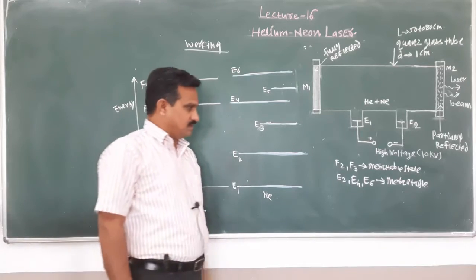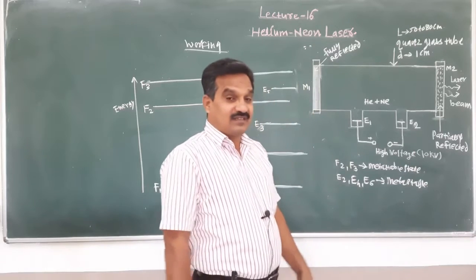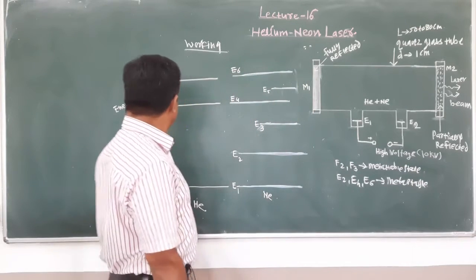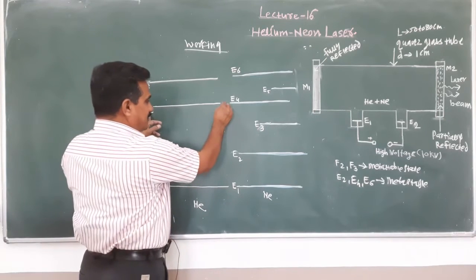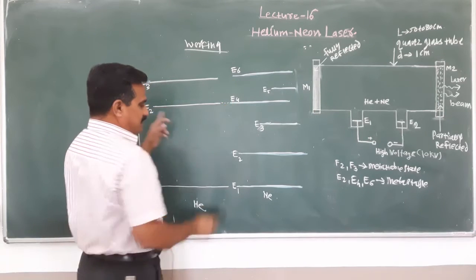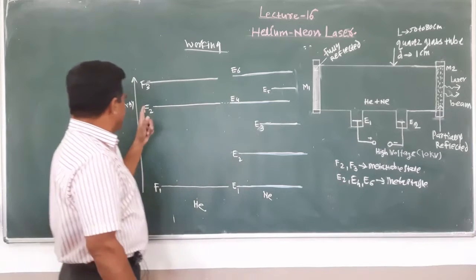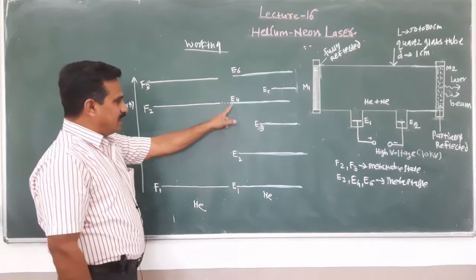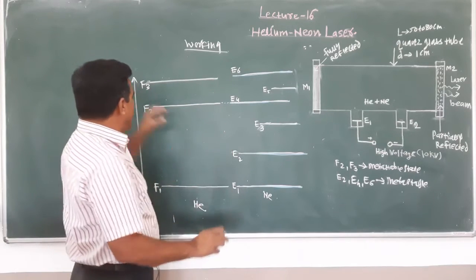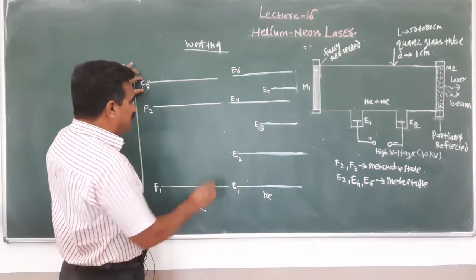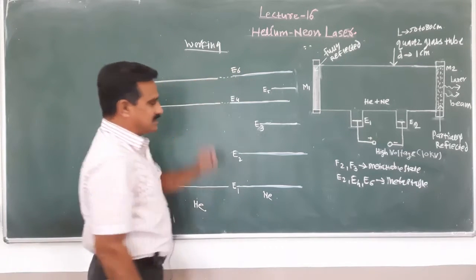Here is the question. Why are helium and neon used? The reason behind it is that the excited state of helium equals the excited state of neon. Energy level F2 and energy level E4 are the same for these two gases, as well as excited state F3 and excited state E6.